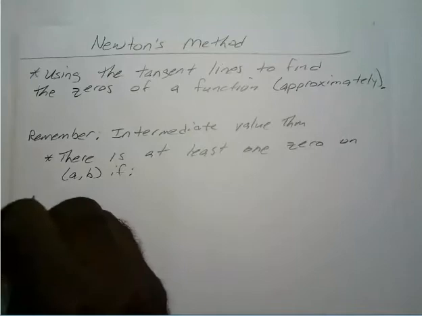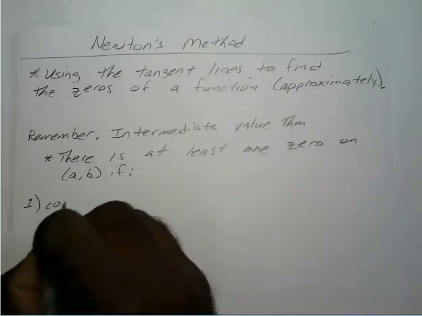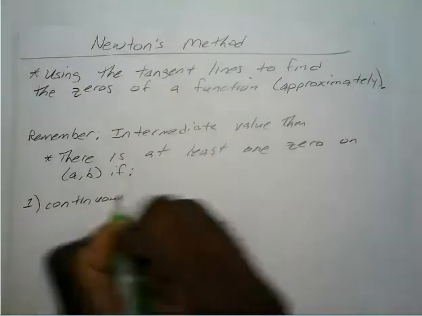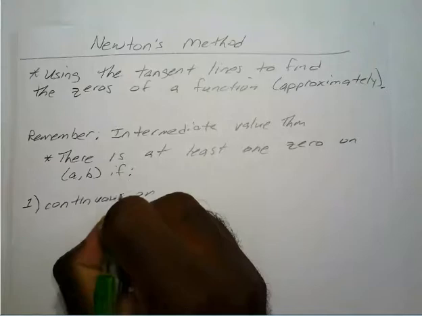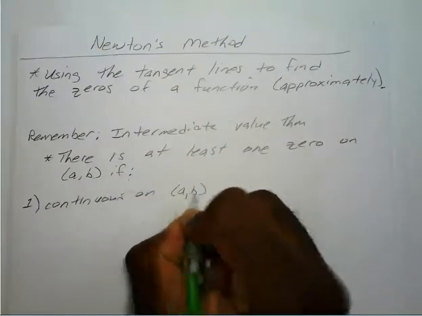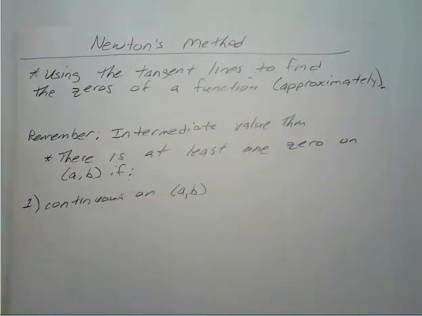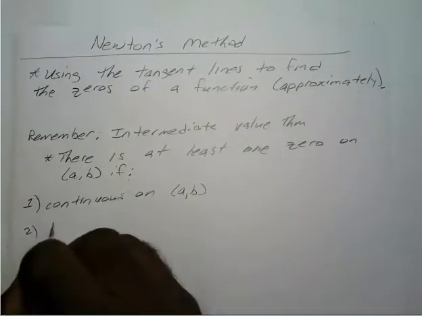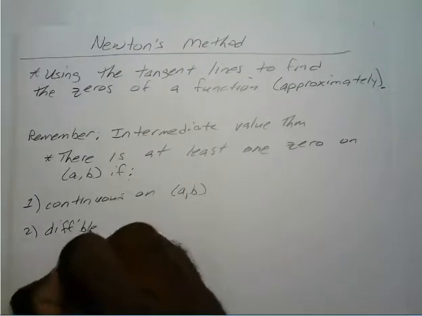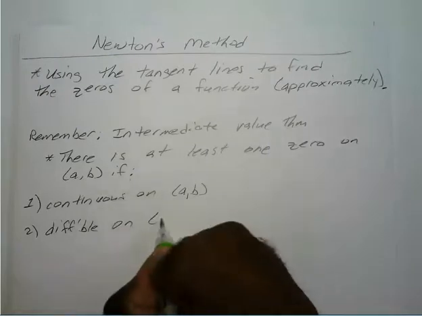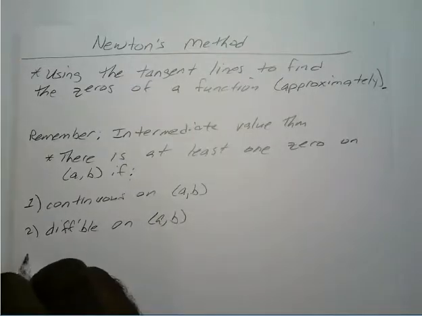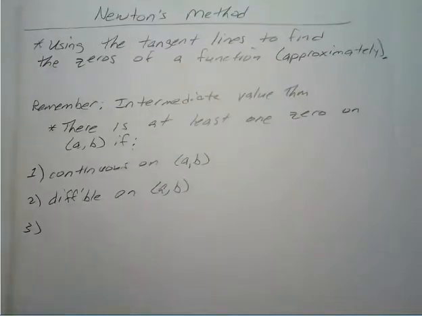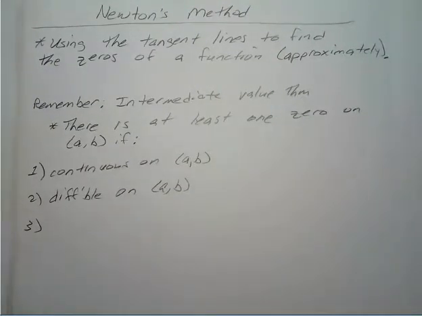Condition number one, it's continuous on that interval, between x equals A and x equals B. Condition number two, it's differentiable between x equals A and x equals B. And third, f of A and f of B have different signs.